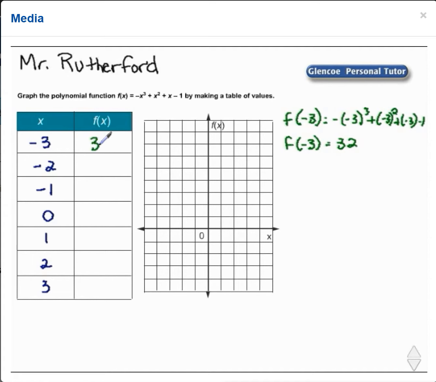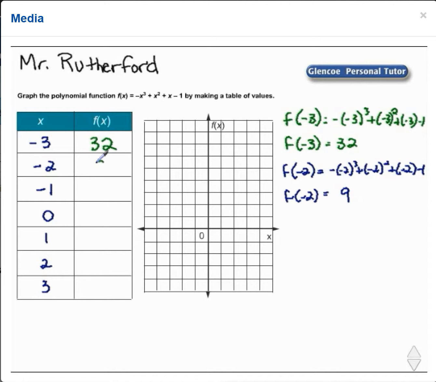So we'll write that here in the f of x column. Next, we'll substitute negative 2 in for x. So we have f of negative 2 is equal to negative 2 cubed plus negative 2 squared plus negative 2 minus 1. And when we evaluate that, f of negative 2 is equal to 9.